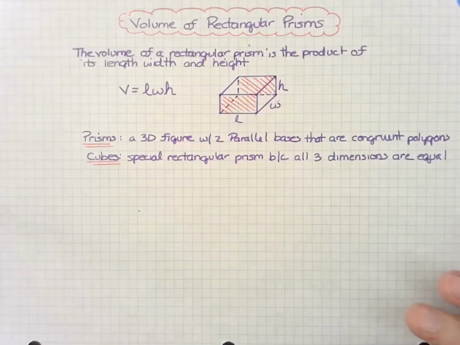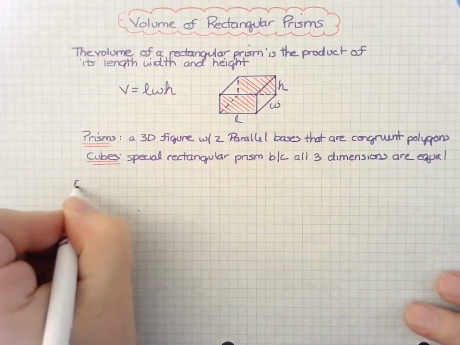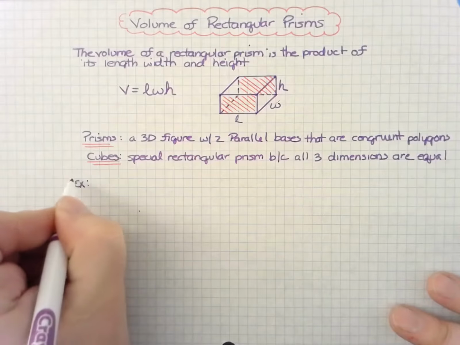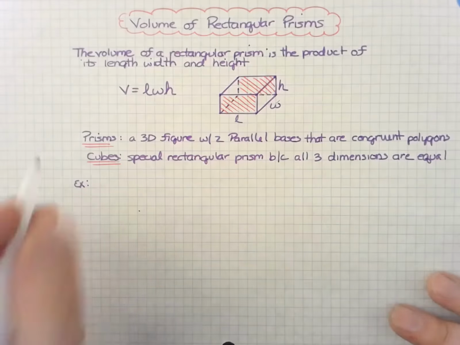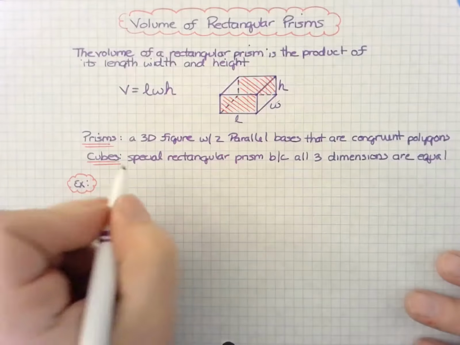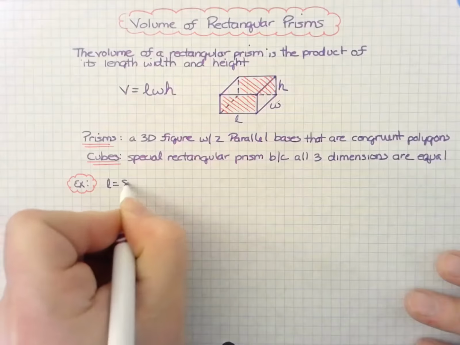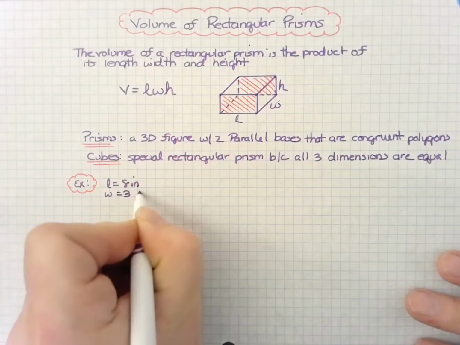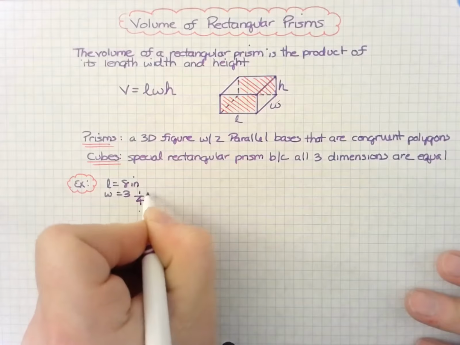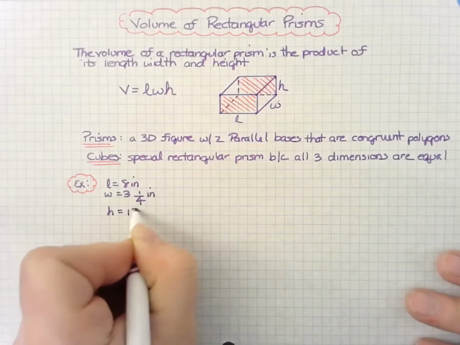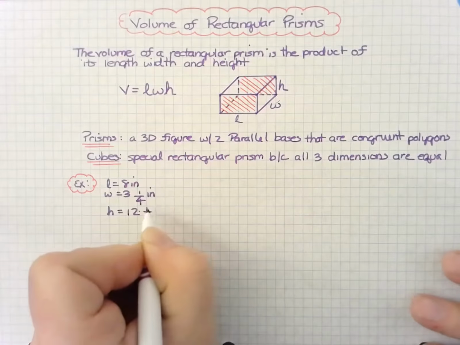So let's look at an example. Say I'm given a length of 8 inches, a width of 3¼ inches, and a height of 12½ inches.